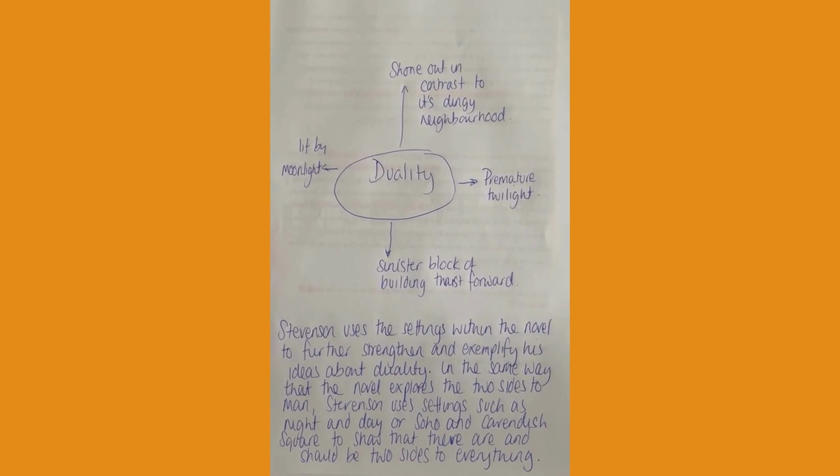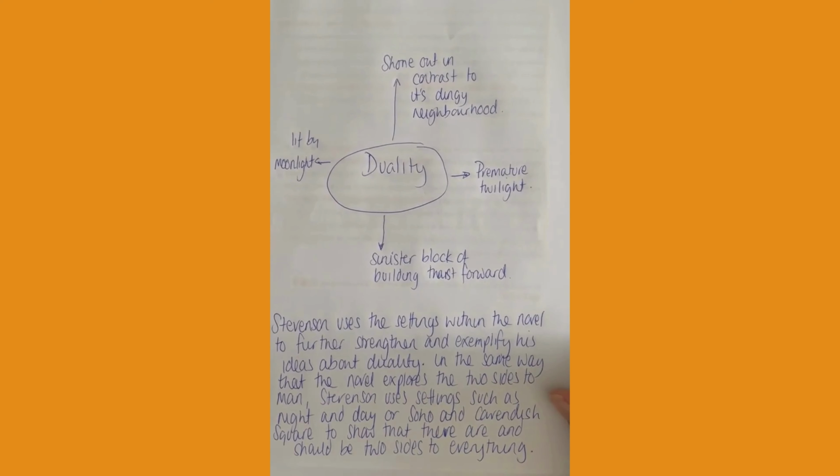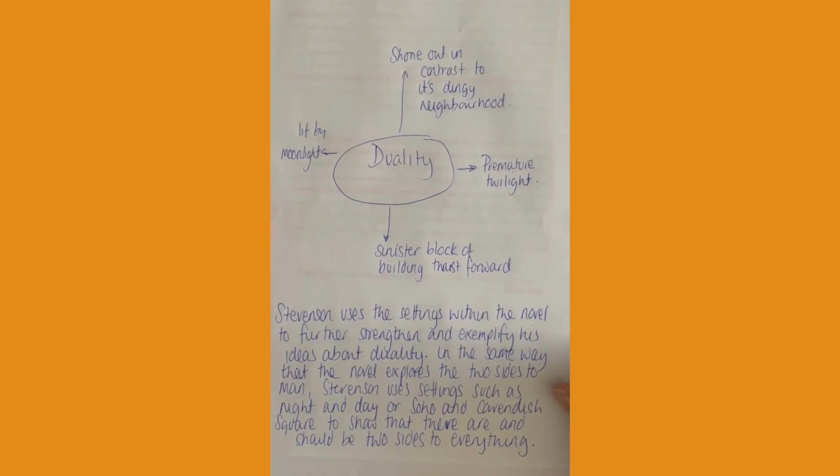So what we've got here, therefore, is Stevenson showing us that throughout the text, he places things side by side to show us that there are two sides to everything and that those two sides should live together. Using this thesis statement, you can now write your own introduction, making sure that you hit all of those assessment objectives.